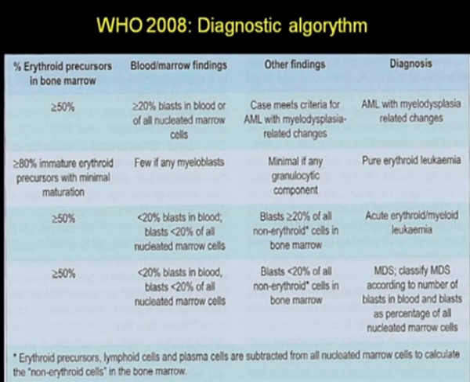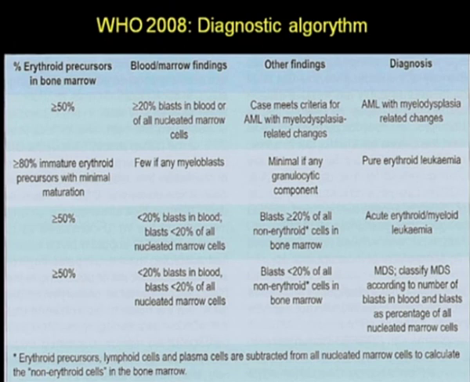If we have erythroid precursors in bone marrow at or more than 50%, and in the bone marrow findings you have 20% or more of blasts among all nucleated marrow cells, these cases meet criteria, and you have dysplasia. It meets criteria for myelodysplasia-related changes. We are in this context.